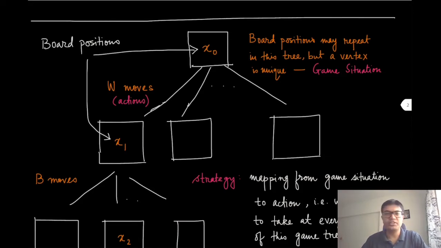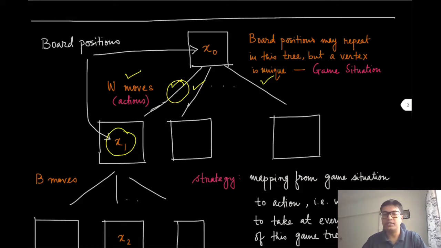So x0 is the initial board position, and because of the rules of chess, the first move will be made by the white player. These different edges are showing the feasible moves that white can make in the initial board position, and this tree is showing that if the white player picks this particular action, then it will lead to this board position, which is x1.